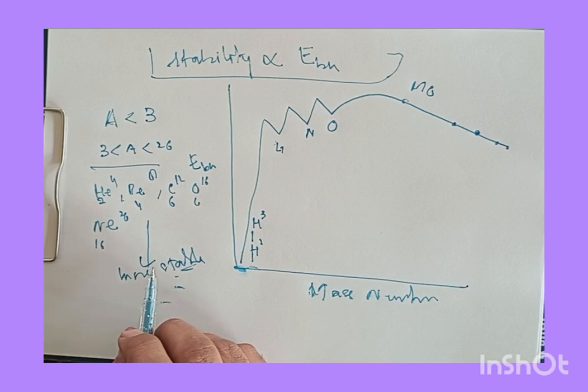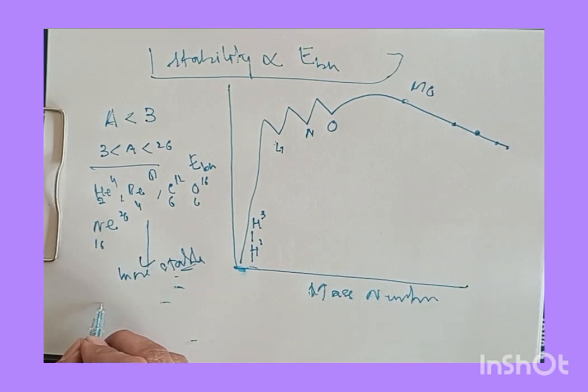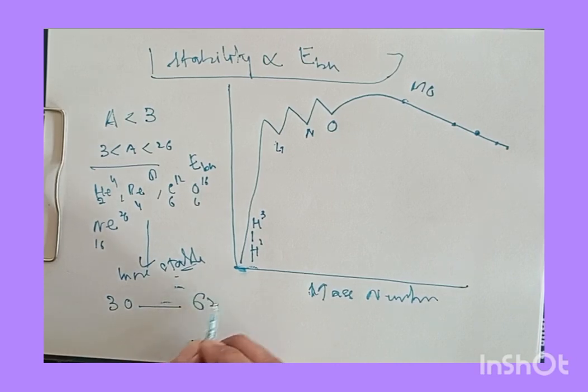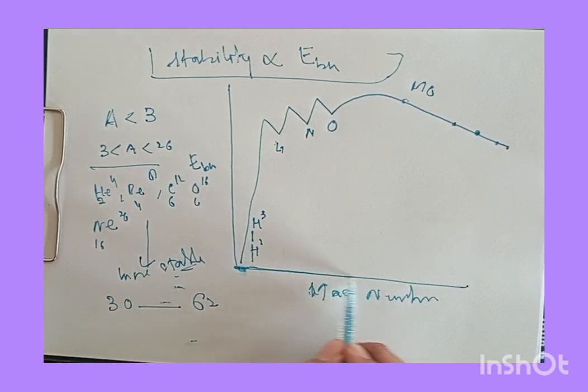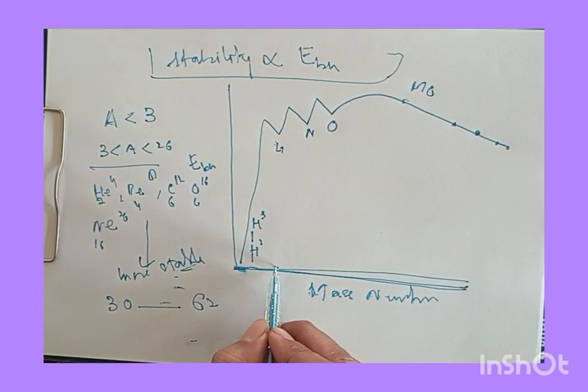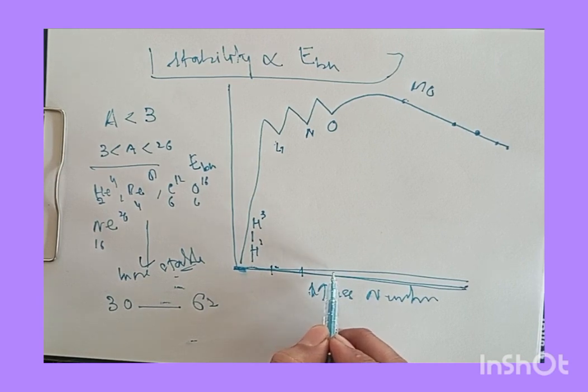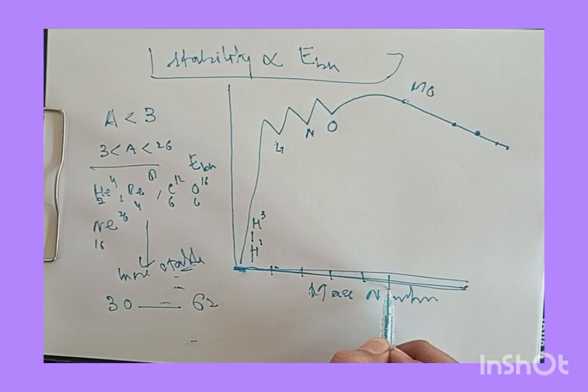And then if we go for the mass numbers between 30 and 62, so this is my axis. Here I can mark things at nearly 25, then 50, 75, 100, 125, 150, 175, and so on.